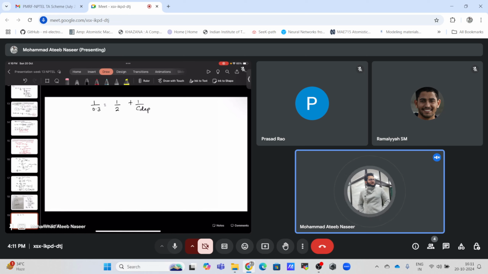C dep is simply 2 minus 0.3, divided by 2 into 0.3, which is 0.6, and its inverse is 0.35 picofarad. So this is the depletion capacitance that we found out.